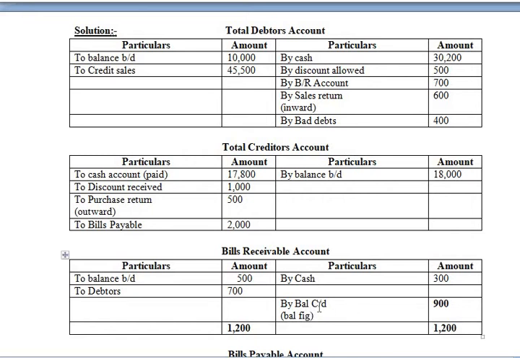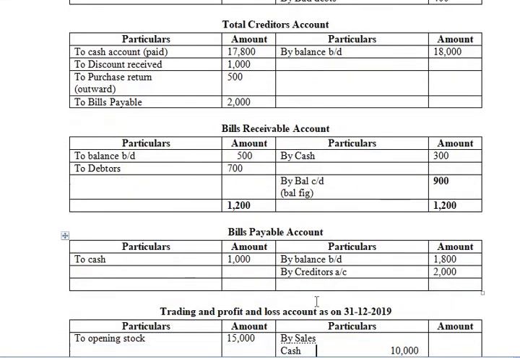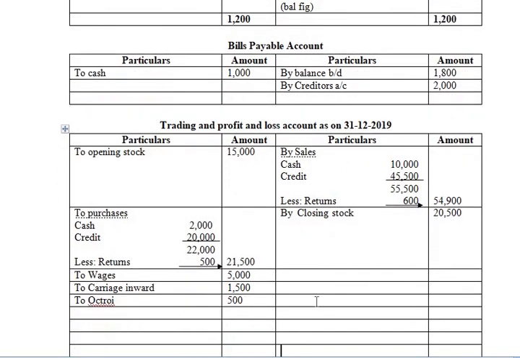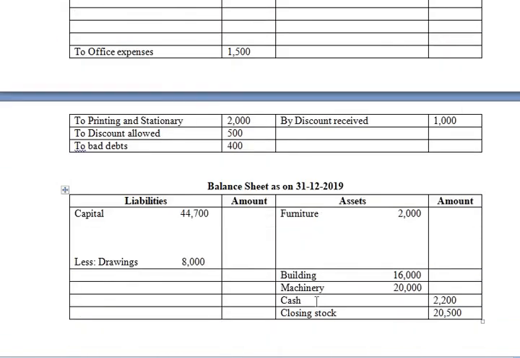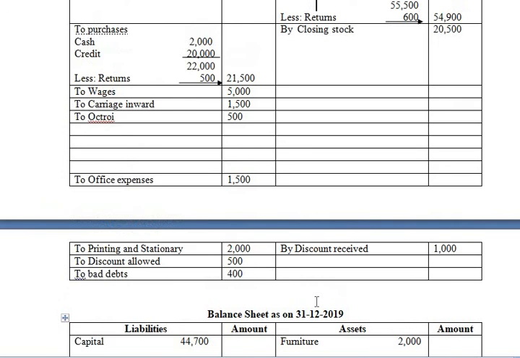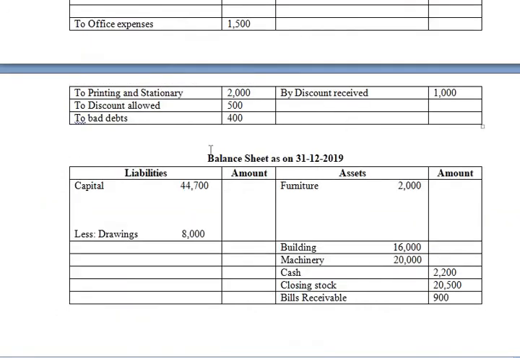This amount you will be taking to the balance sheet, not to the debtors account. So in the balance sheet, bills receivable 900 rupees.